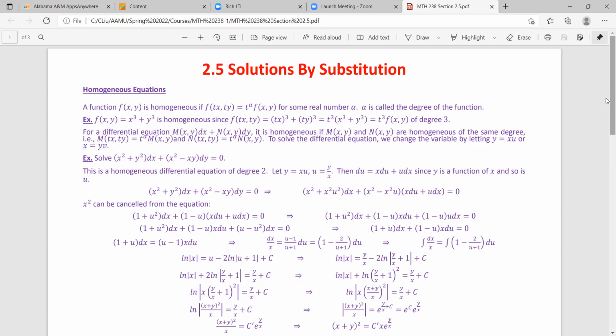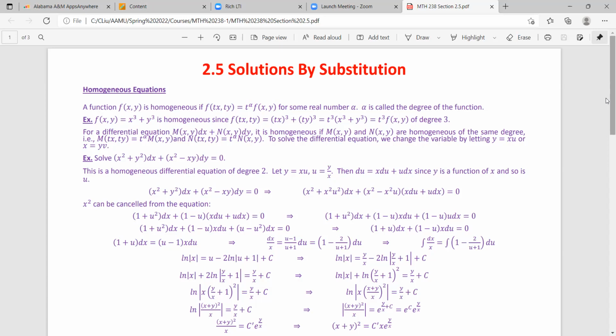So we're going to start from homogeneous equations, and then we're going to talk about two other types of equations where we can use substitution. So homogeneous equations are one type of equation where we can use substitution to solve the problem.